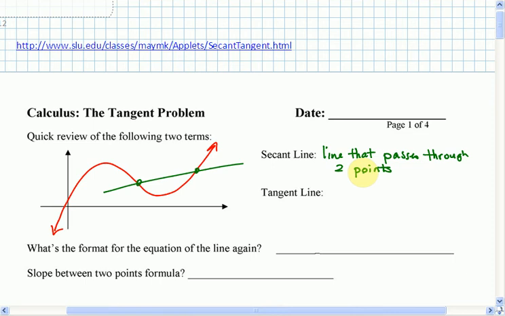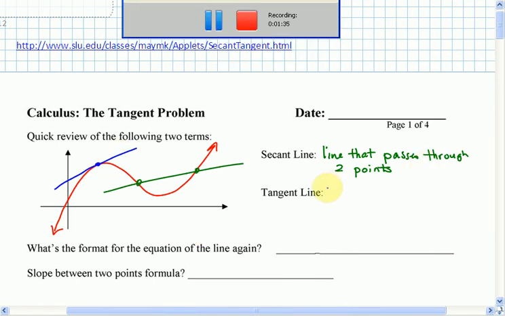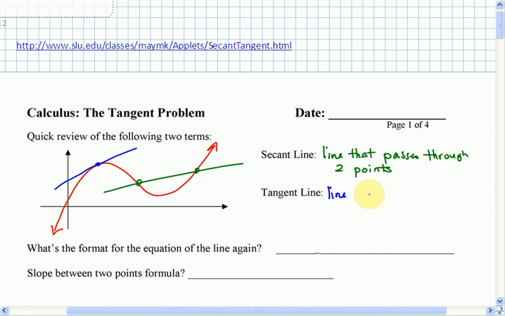Now, what's the difference between something called a secant and a tangent then? Anyone remember what a tangent means? Touches at one point, right. So if I were to draw a tangent line, I'd draw something like this, okay? So you draw it in. A tangent line is a line that touches the graph at only 1 point.